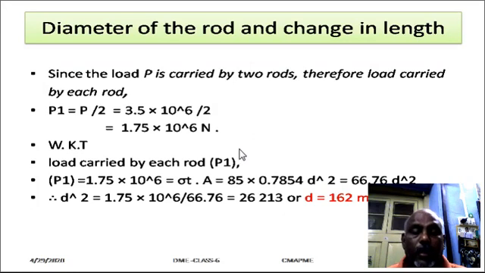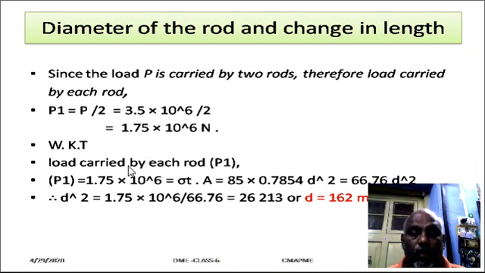Again, the total load is shared by the two rods. So the load shared by each rod, denoted as P1, is equal to total load P divided by 2, that is 3.5 into 10 to the power 6 divided by 2. We get the load shared by a single rod as 1.75 into 10 to the power 6 Newton.